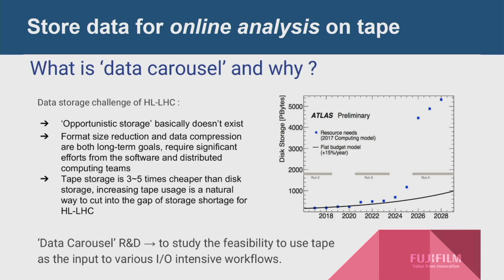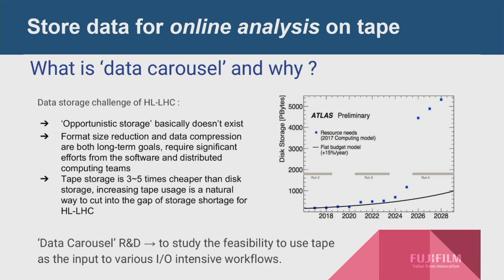You can see the blue dots for the high luminosity upgrade of the LHC just explode exponentially. Because it is a significant effort to change the software model, they are using different ways to mitigate this huge gap between disk resources and the budget available, which is basically flat.